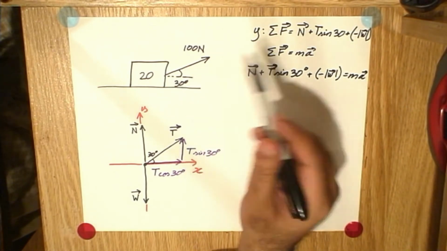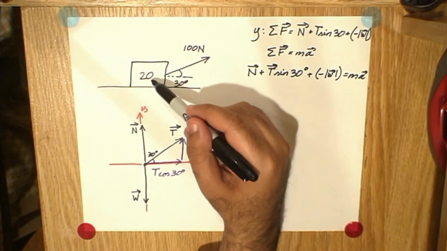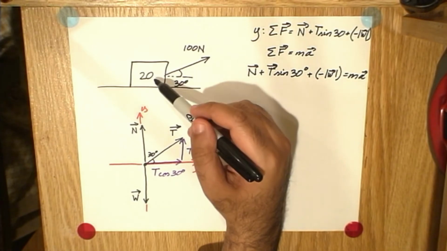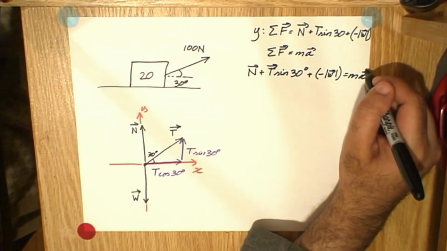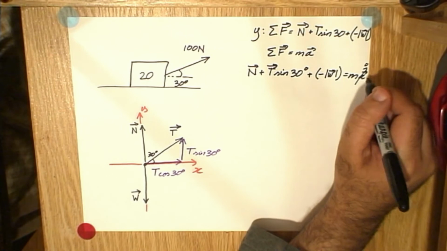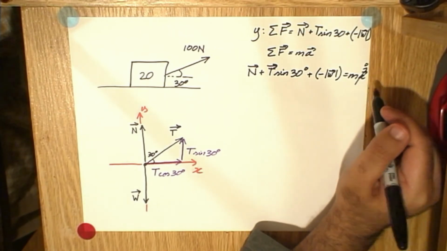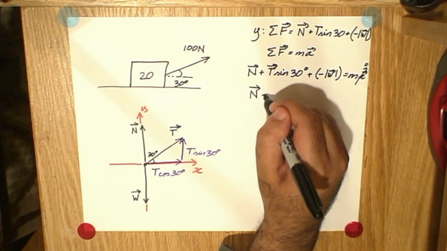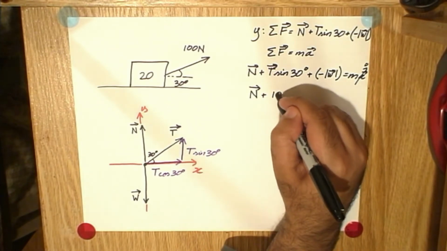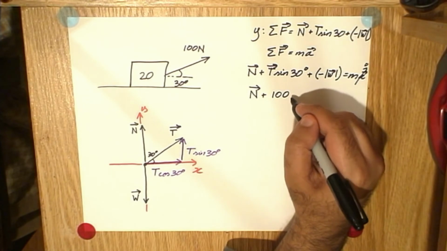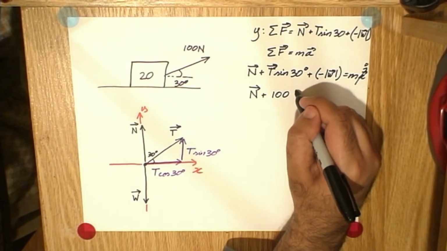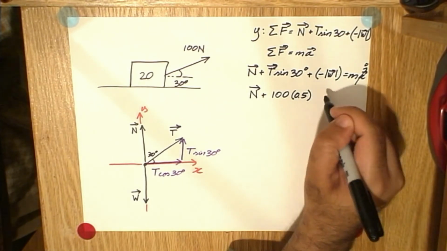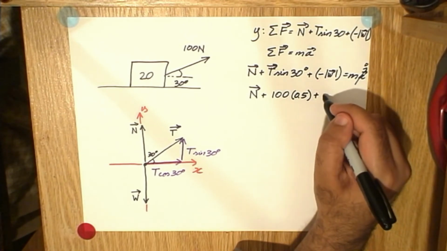There is no acceleration in the y direction. This object is not collapsing into the surface, nor is it levitating from the surface. So this acceleration becomes 0, and so does the entire right side. The normal force we do not know. The tension is 100 newtons. The sine of 30 is 0.5. And then we see that we don't know the weight yet either.